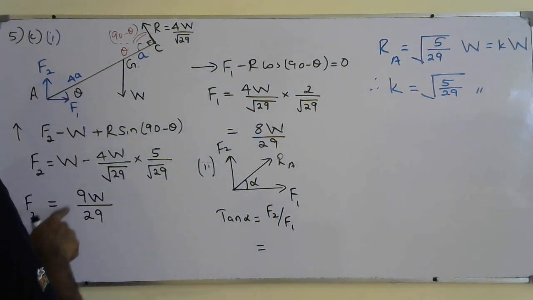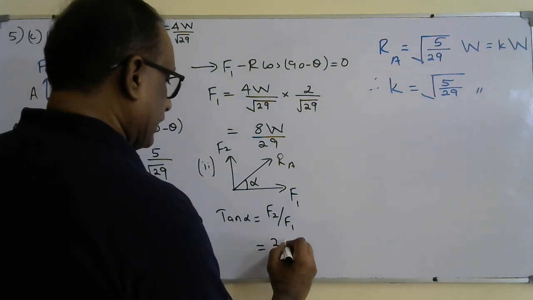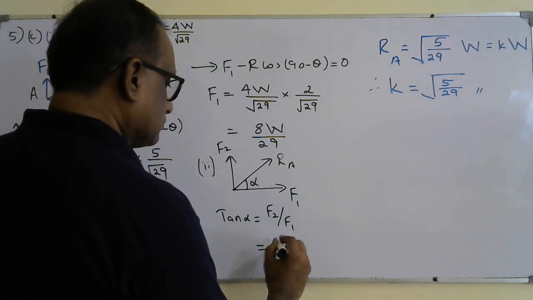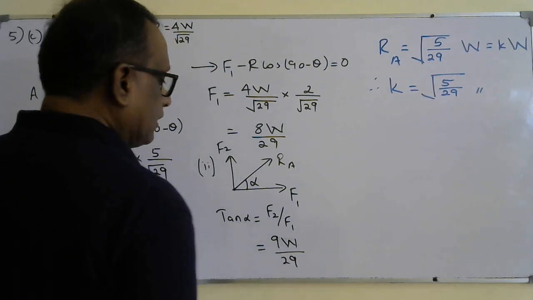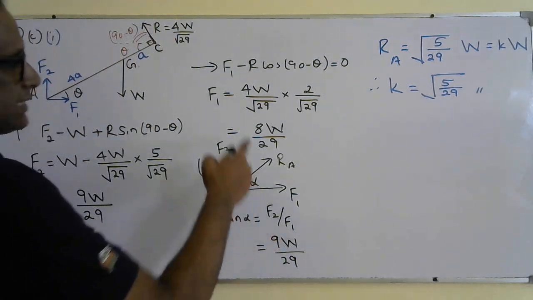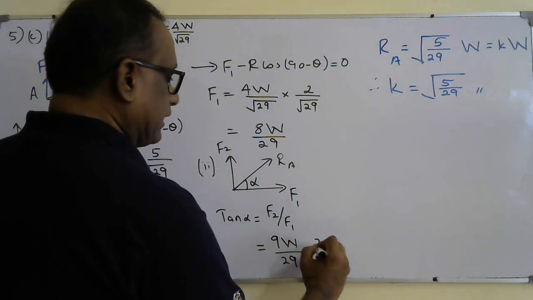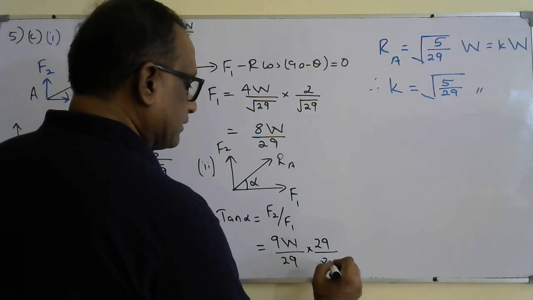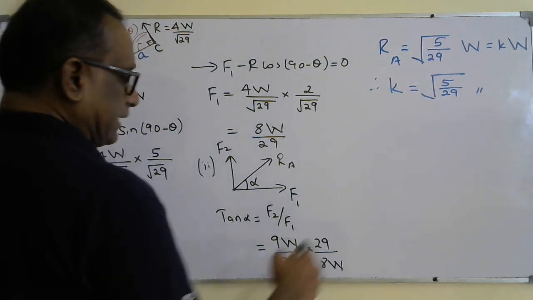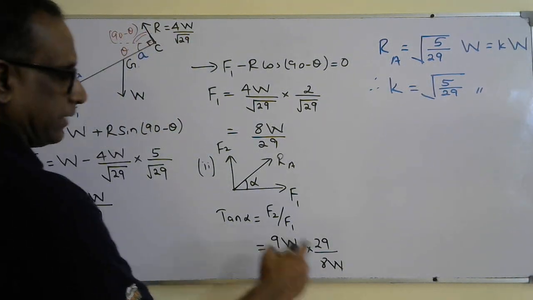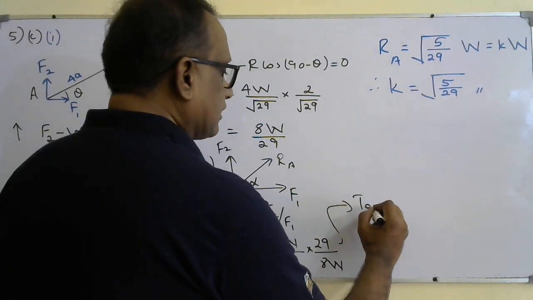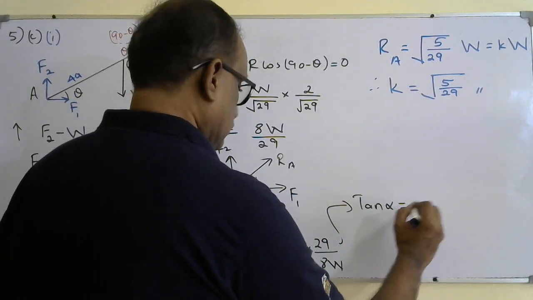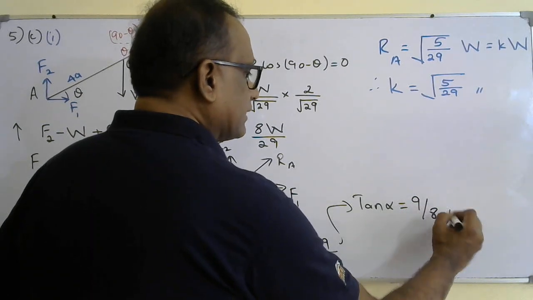F2 we know is 9W over 29, divided by F1, that is 8W over 29, that is 29 over 8W, it becomes a multiplication. So 29 will get cancelled, 9W over 8W, 9 over 8. So tan alpha equals 9 over 8. That's the final answer.